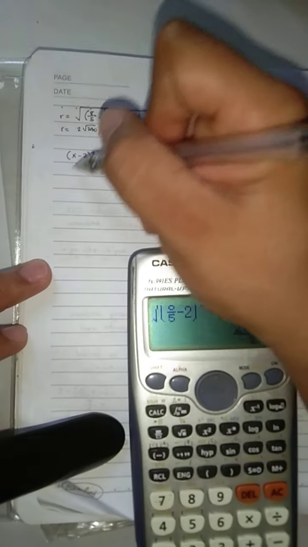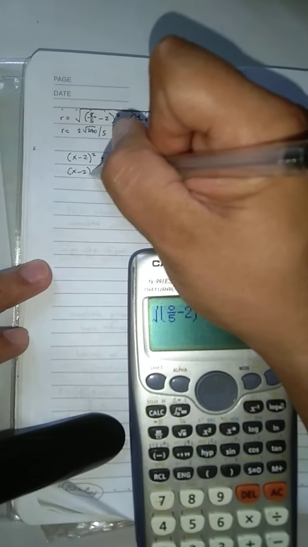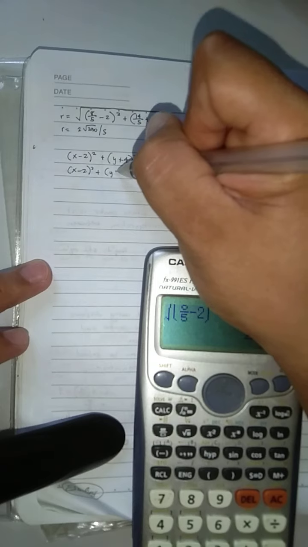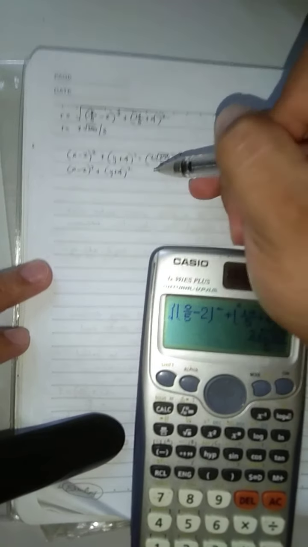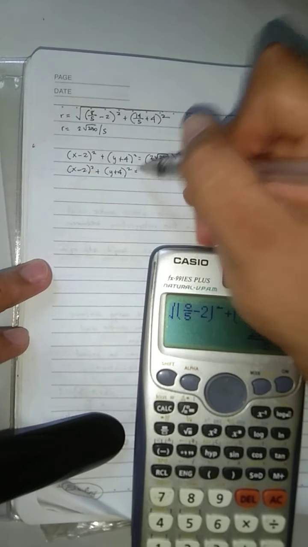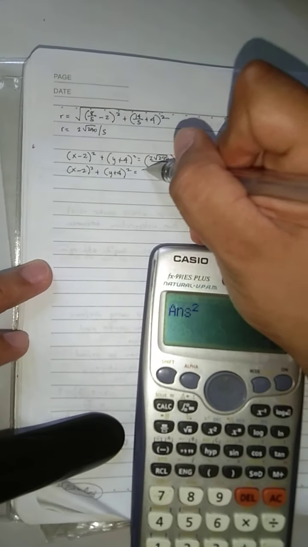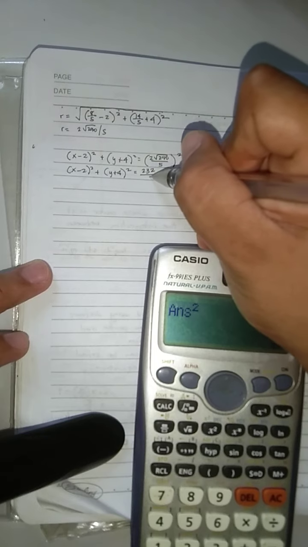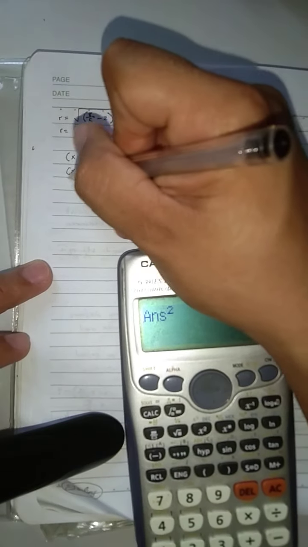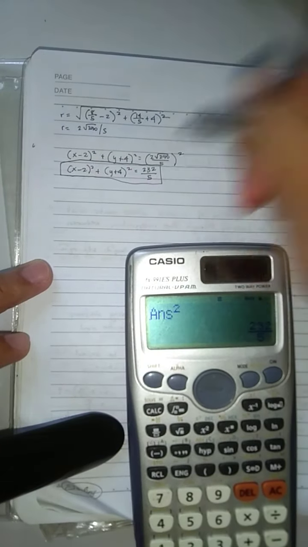We can simplify it further: (x minus 2) quantity squared plus (y plus 4) quantity squared is equivalent to, if you square this, 1160 over 25, or 232 over 5. Okay, so this is the answer.